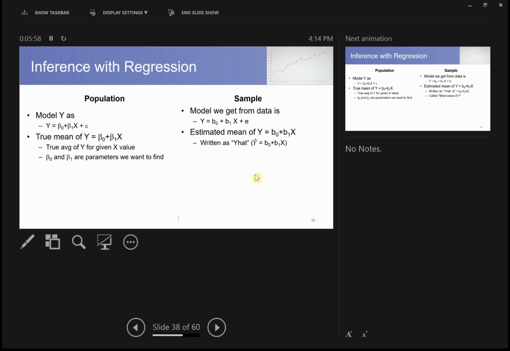We get this equation right here. This value y is often called y hat, or sometimes the fitted value of y. And b sub 0 is an estimate for beta naught. This is our estimate for what the y-intercept is. And b sub 1 is the estimate for beta 1. In other words, it's the estimate for the true slope of that regression line.